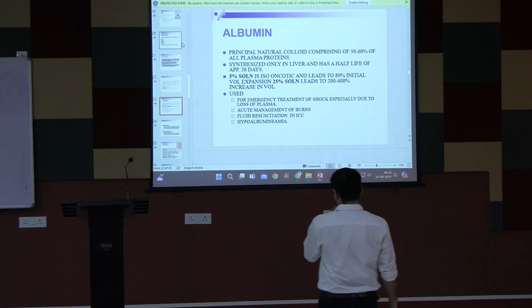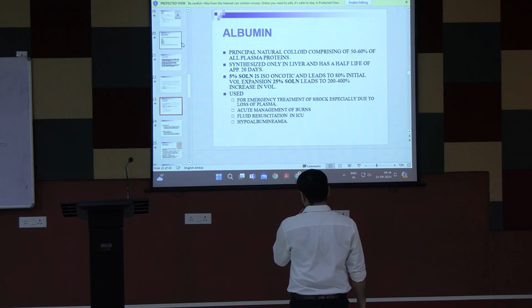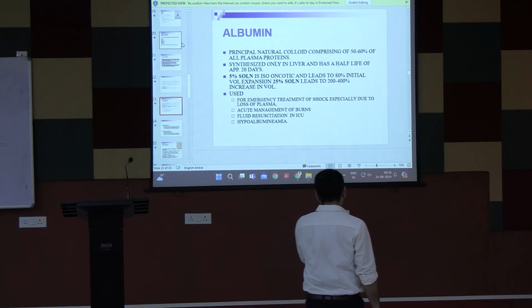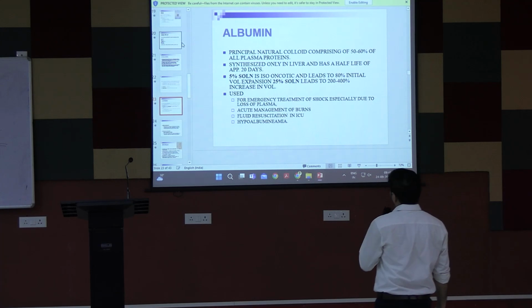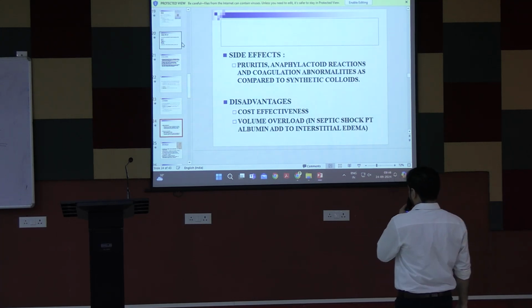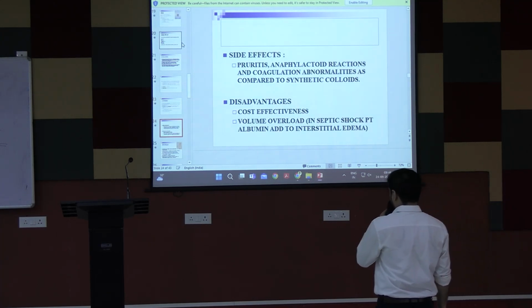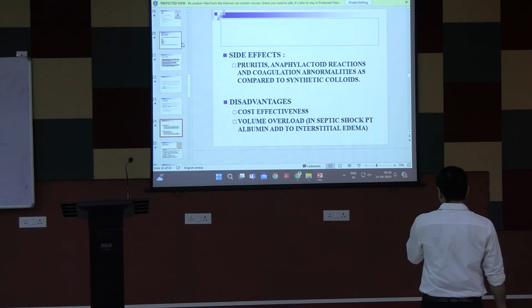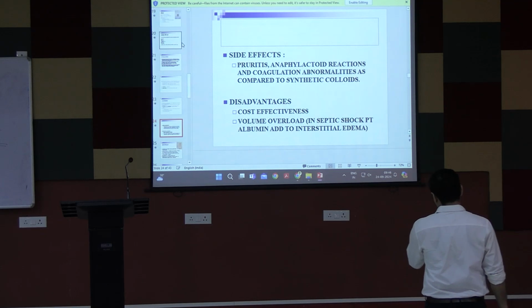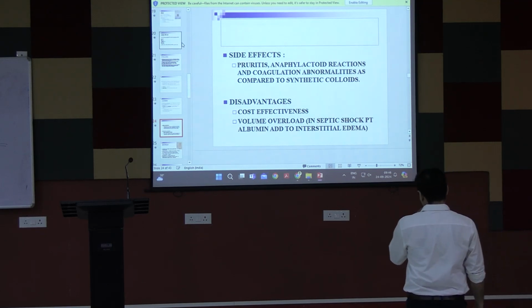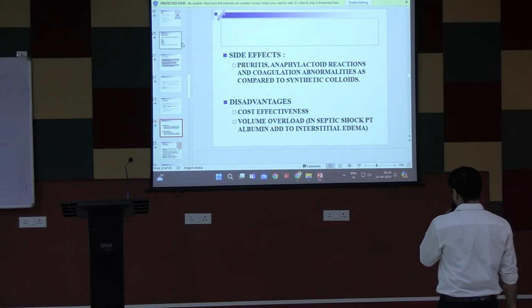Used for emergency treatment of shock, especially due to loss of plasma, acute management of burns, fluid resuscitation in ICU, and hypoalbuminemia. Side effects: pruritus, anaphylactic reaction, coagulation abnormality, compared to the synthetic colloids. Disadvantages: cost effectiveness, volume overload in specific septic shock patients, and albumin adds to interstitial edema.